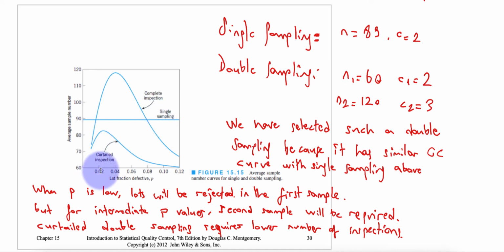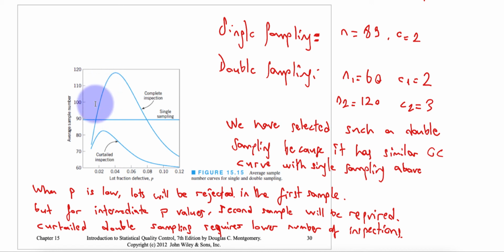The average sample number will be lower than the single sampling. But when we couldn't accept the lot easily in the first sample, we will go with the second sample. And that's why after the lot fraction defective passes some point, we need to take the second sample.